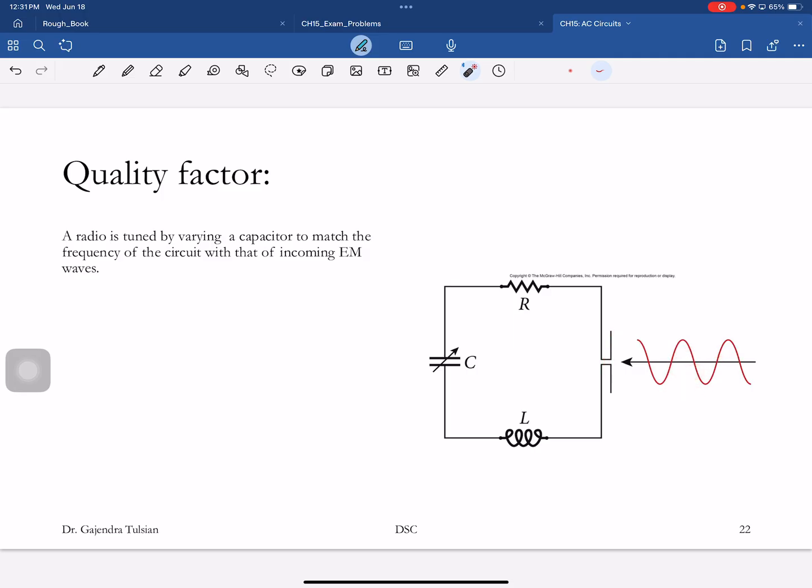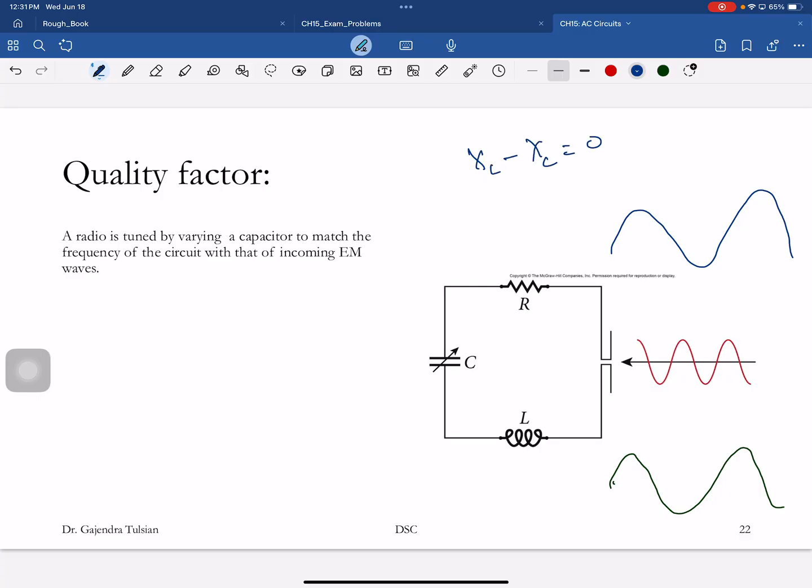And so if you have multiple waves, and this is the frequency you want to catch, what is it that you want to do? At this frequency, you want to make XL minus XC equal to 0 for this circuit.